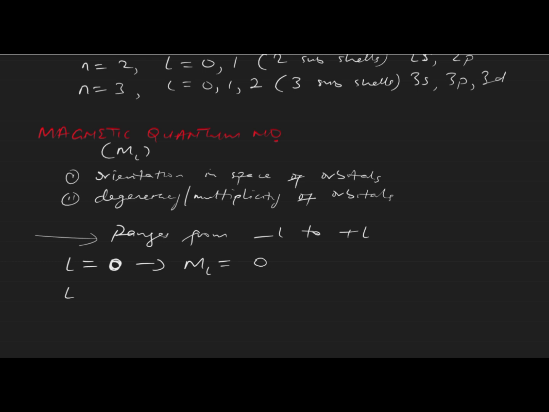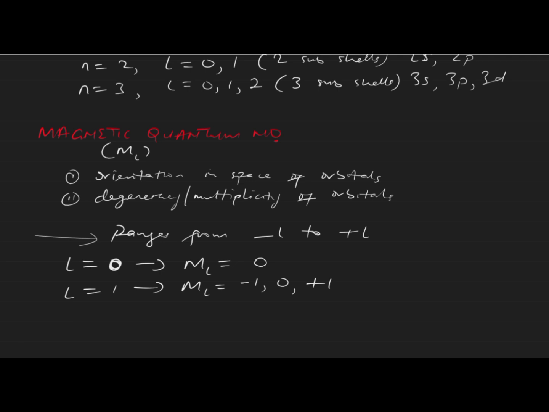But when l is equal to 1, let's see. In that case, our m_l, which gives us the degeneracy of that subshell or orbital, will be minus 1, 0, plus 1. So that means in the subshell l equal to 1, which is subshell p, there are 3 degenerate orbitals that make up the subshell. So we have degenerate orbitals denoted by minus 1, 0, and plus 1. That's 3 degenerate orbitals.